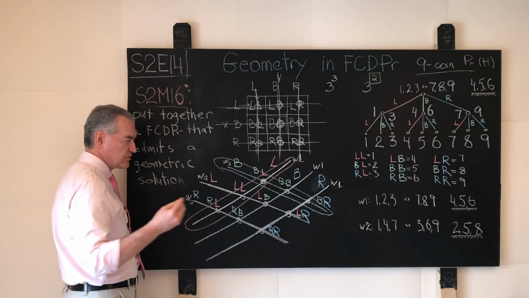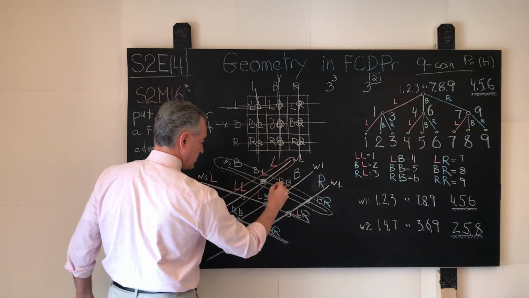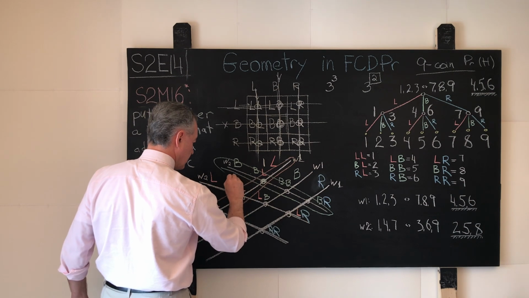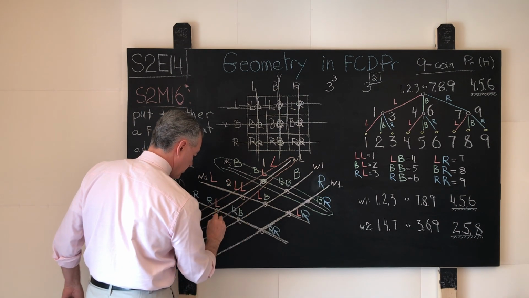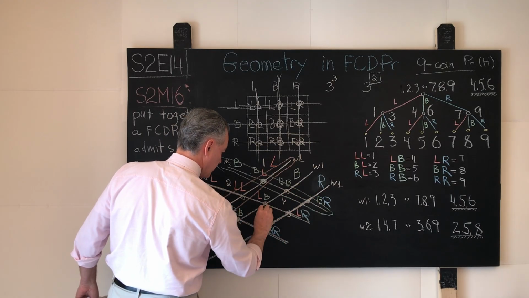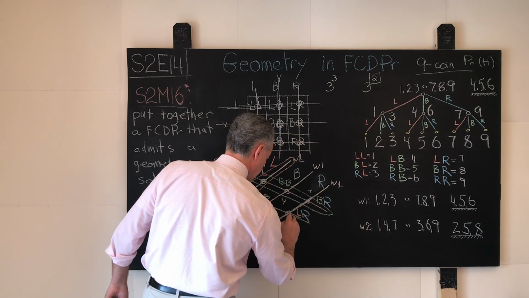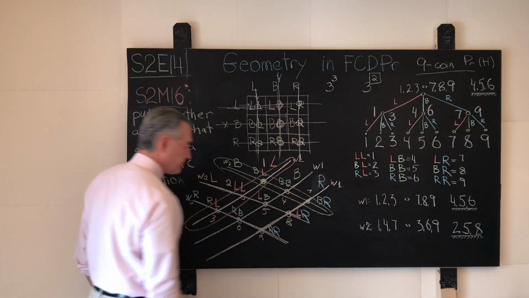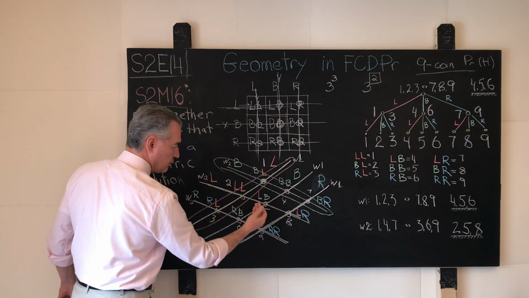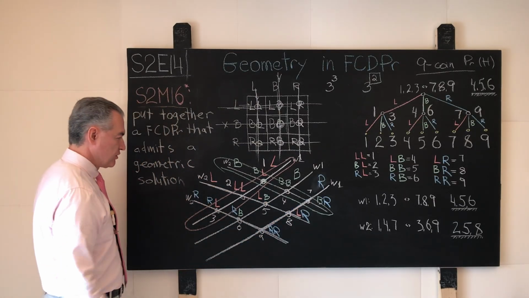For example, for demonstration purposes, let's say we name this point number 1. This point will be number 2. This point will be number 3. This guy will be number 4, 5, 6, and let's say this guy is 7, 8, and 9. So we understand it, right? 1, 2, 3, 4, 5, 6, 7, 8, 9, but you can number these points any which way.